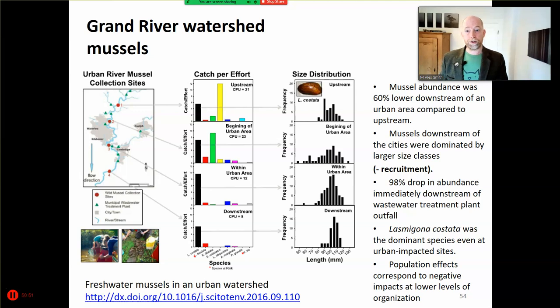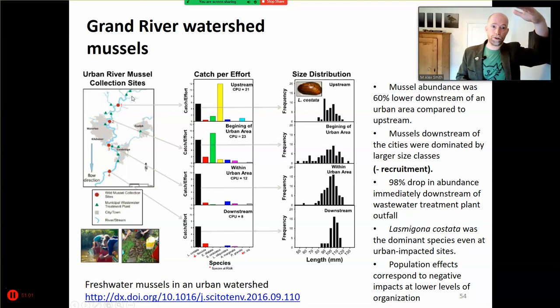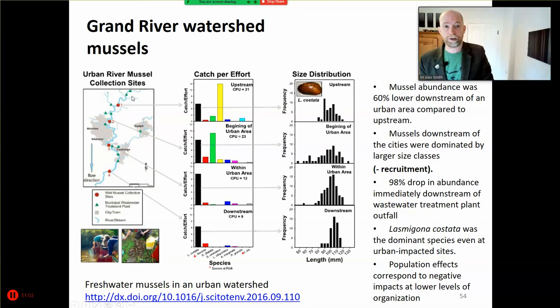What these researchers discovered, by sampling along the length of the Grand, which starts out principally agricultural and then becomes increasingly urbanized as it flows through the Kitchener, Waterloo, Guelph area, was that mussel abundance changed dramatically.